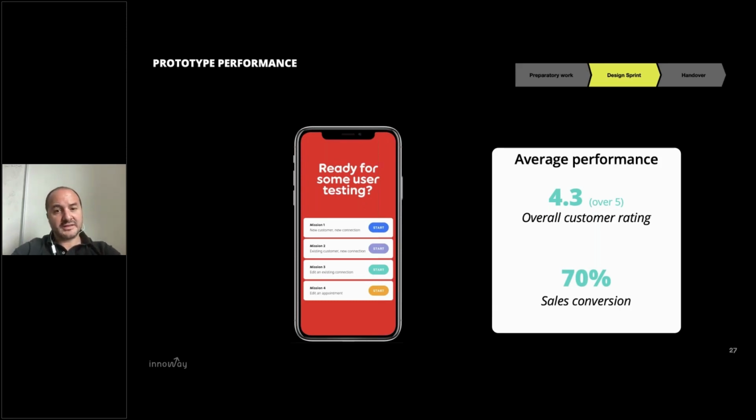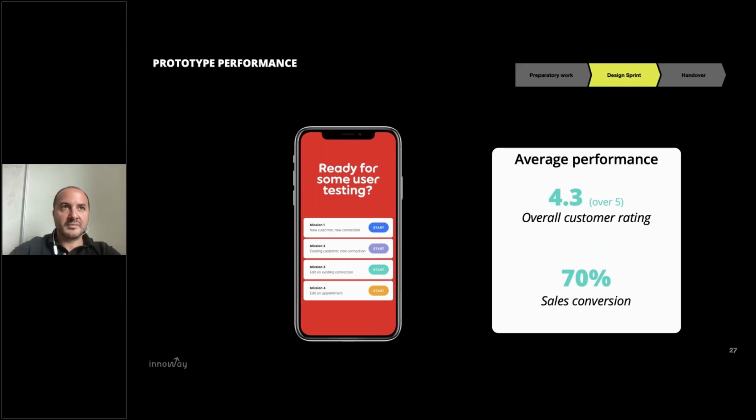Another important thing that you need to define on day four is what are the scenarios or the use cases that you're going to be evaluating. When doing a prototype, you need to define what it is that you want to improve, and that's defined by the KPIs and the scenarios.